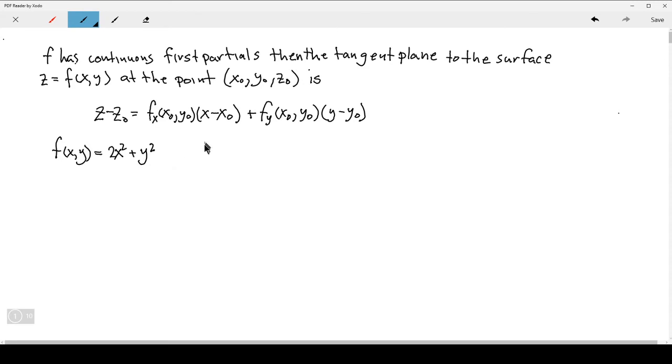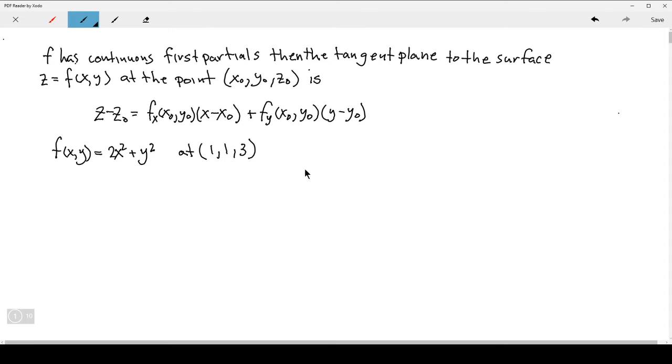You can go to GeoGebra and graph that if you want. At the point (1, 1, 3), what I want to do is write the equation for the tangent plane.